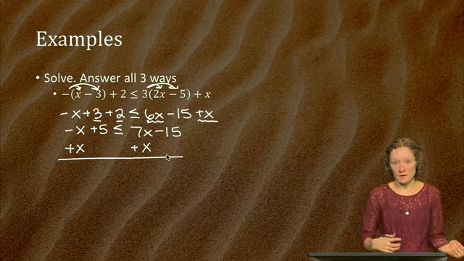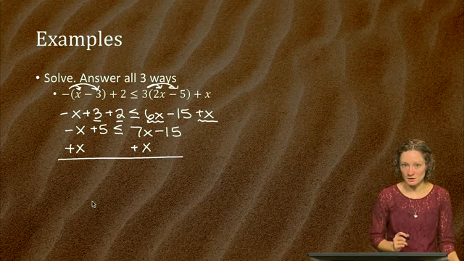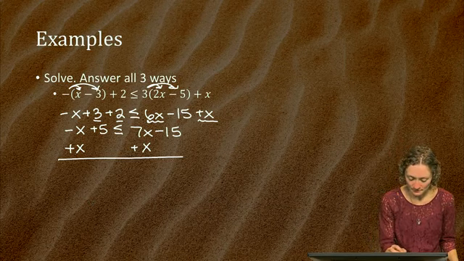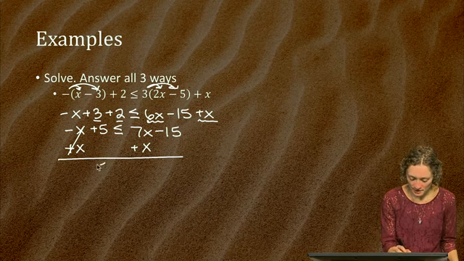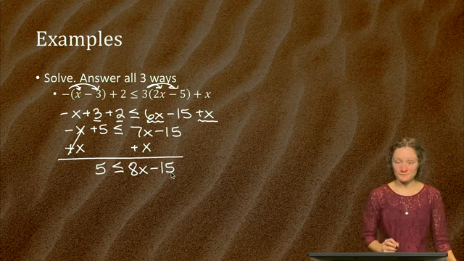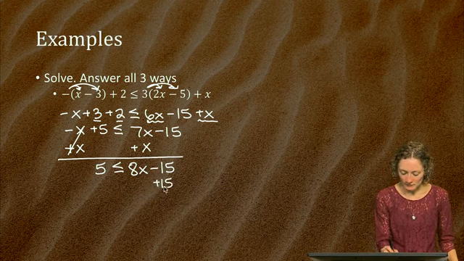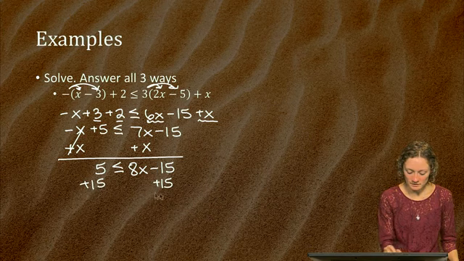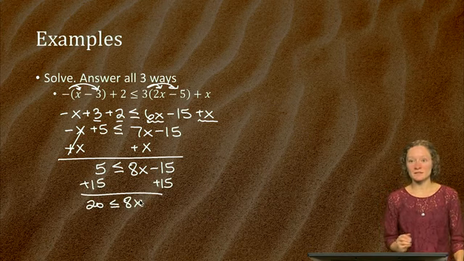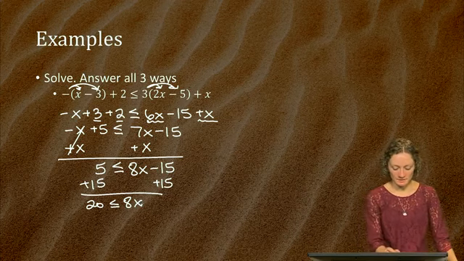Whatever you did first, the rest would follow, and your solution will still look the same or very similar to mine, but I'll point out in what way it would be different. All right, so that's gone. We have 5 is less than or equal to 8x minus 15, and add 15 to both sides. We have 20 is less than or equal to 8x.